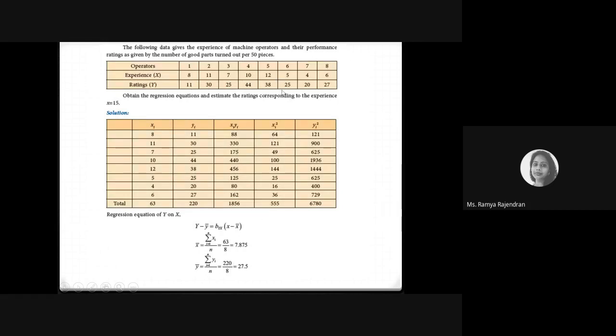So when you have to compute experience, you have to compute the coefficient bxy, and then substitute it in the formula x minus x bar equals the coefficient multiplied by y minus y bar.